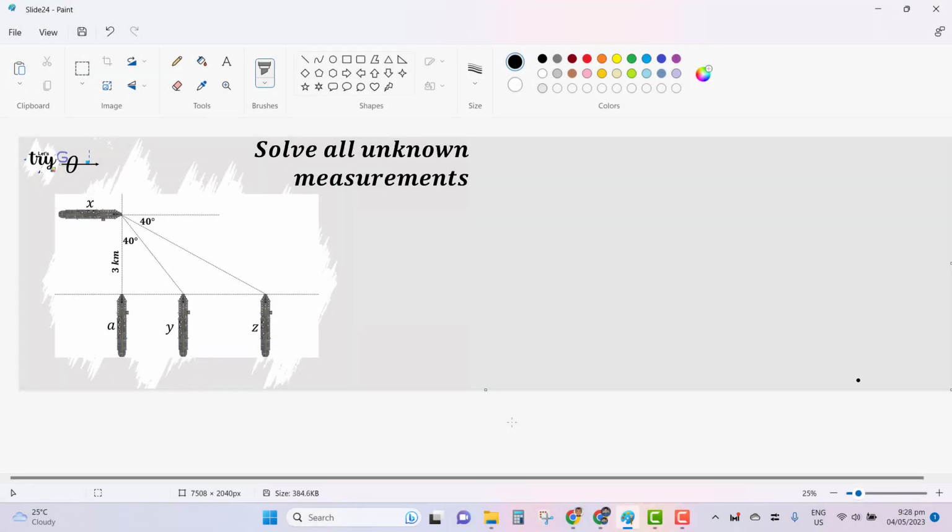This is an example of a real-life scenario where we are going to use right triangles to solve any unknown measurements. I simply labeled here all unknown measurements.